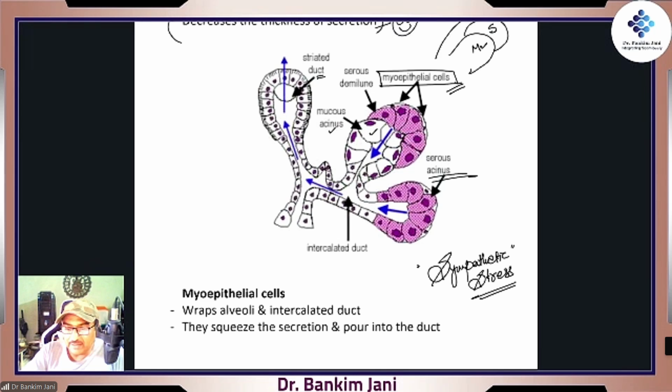So when these myoepithelial cells contract, the serous portion, the watery secretion, is squeezed and goes into the duct, leading to sweating. Otherwise, the normal secretion from the mucous acini is constantly secreting.